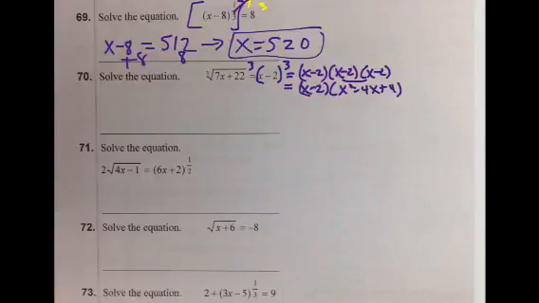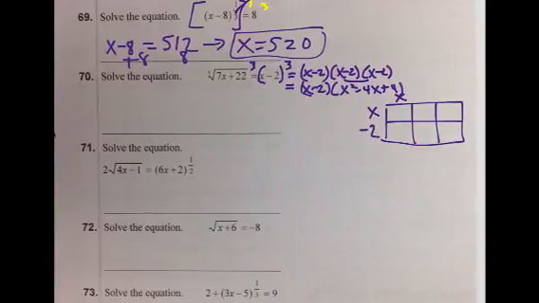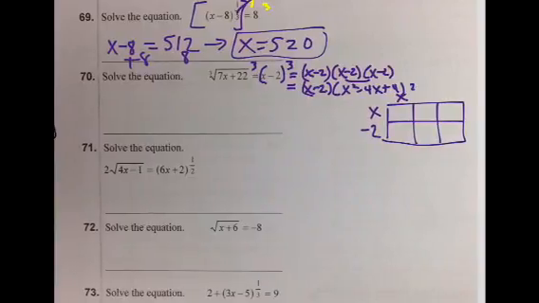You could either make a little 2 by 3. And so x minus 2, x squared, minus 4x and 4. So this is x cubed minus 4x squared plus 4x, negative 2x squared, plus 8x, and negative 8.